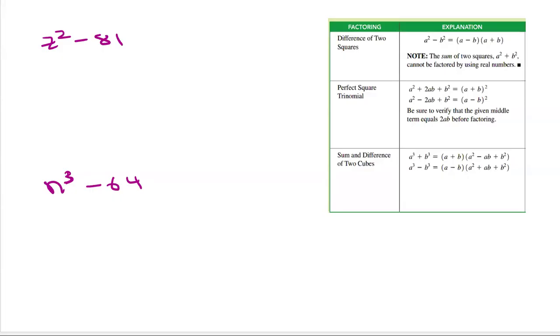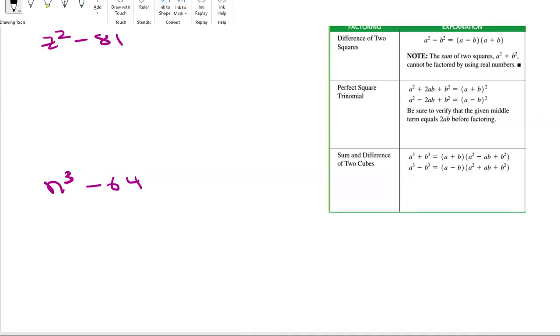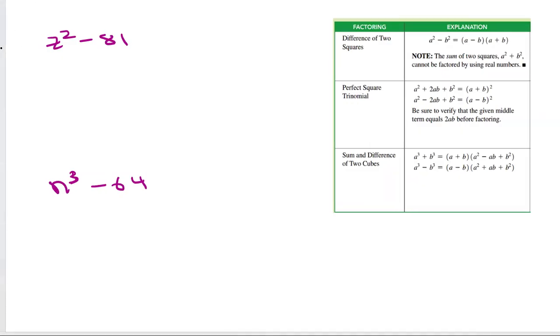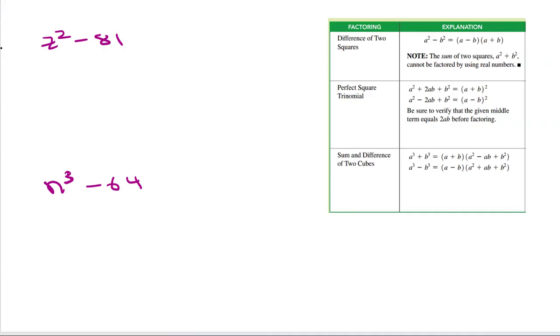All right, so let's go through this. Okay. So for the first one here, we have z squared minus 81. Okay. So if I look at my factoring formulas here, this one's going to match the first one, right? This one here. All right, so I just need to rewrite this as z squared minus 9 squared because 9 times 9 is 81.